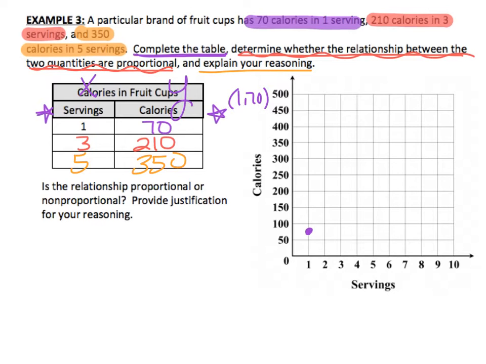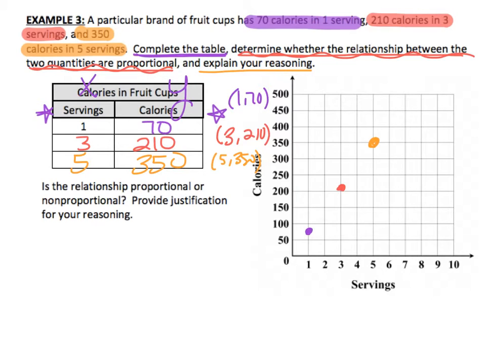And that's going to be a rough estimate, but that's okay. We have the point 3, 210. 3, 210 is probably about right there. And we have the point 5, 350.